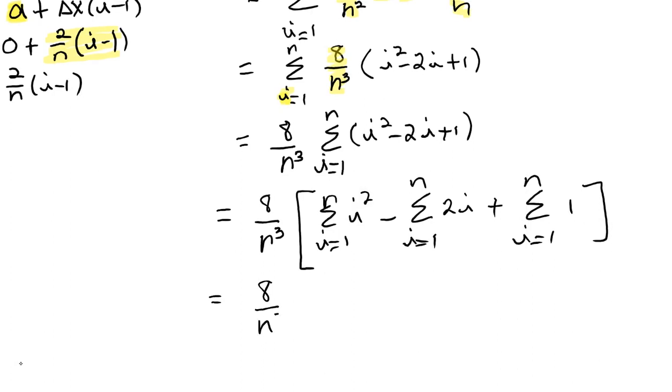So, continuing on, I mentioned a moment ago that you can pull a constant out of the sum. So I'm copying down the first bit here, and when I get to this second summation, I have a constant of 2, which I can pull out of the sum.